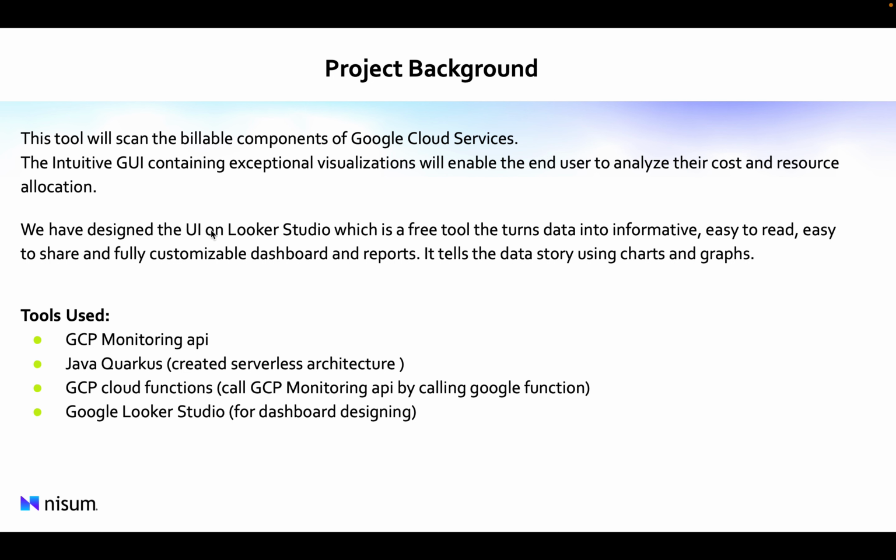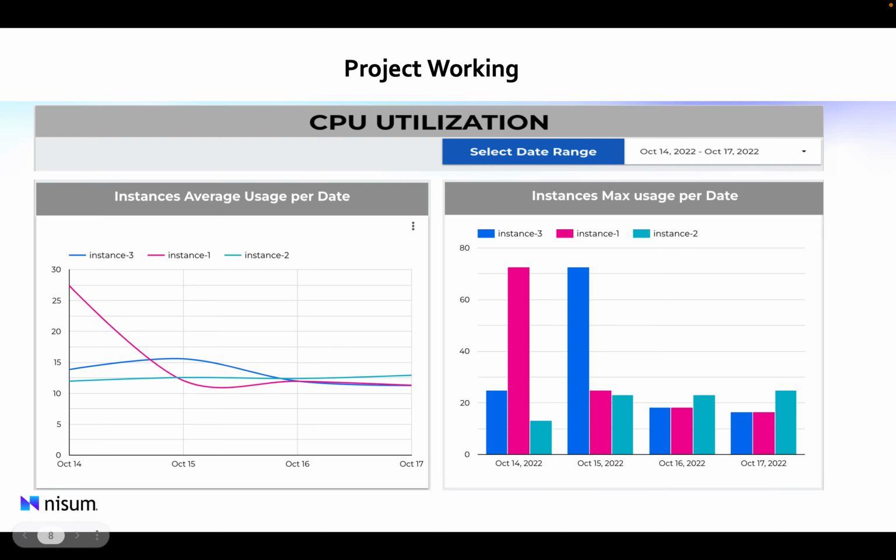So we have designed the UI on Looker Studio, which is a free tool, and turns data into informative, easy to read, easy to share and fully customizable dashboards and reports. It tells you the data story using charts and graphs. We have used the GCP monitoring API, Java Quarkus serverless architecture and GCP cloud functions. We have created a function in the Quarkus application, and Looker Studio displays the dashboards.